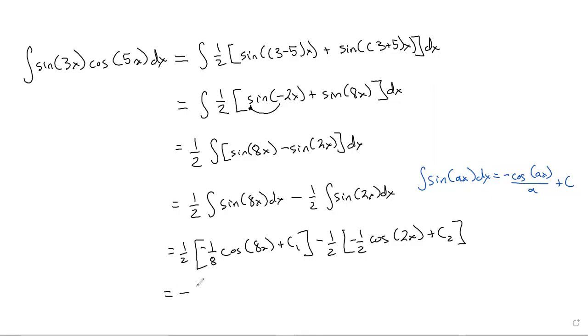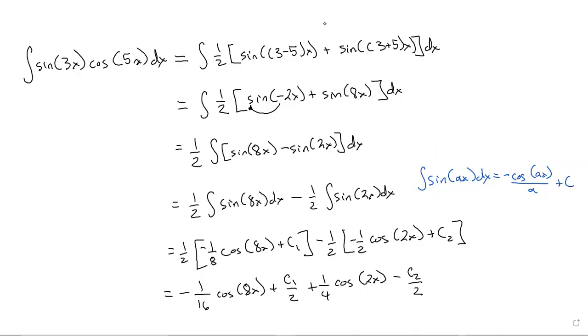And a little bit of multiplication here gives negative 1/16 cosine 8x plus c1 over 2, plus 1/4 cosine 2x minus c2 over 2.